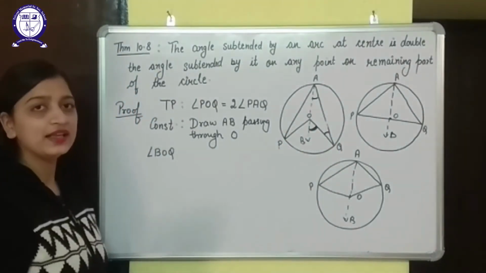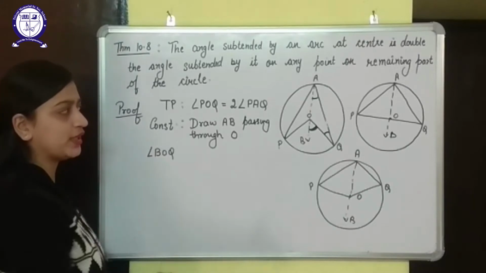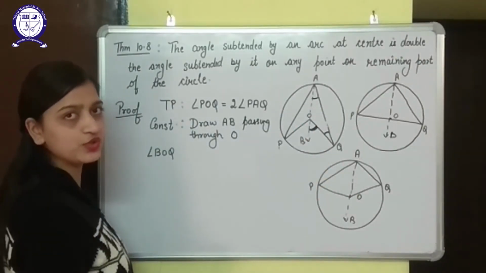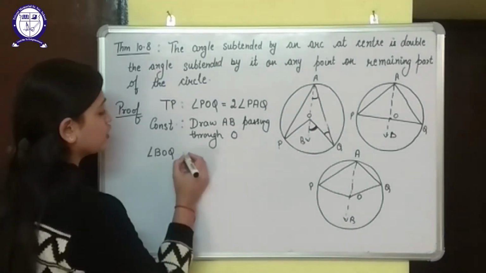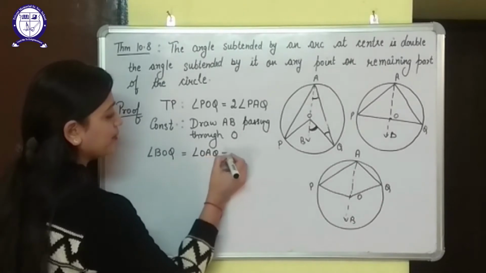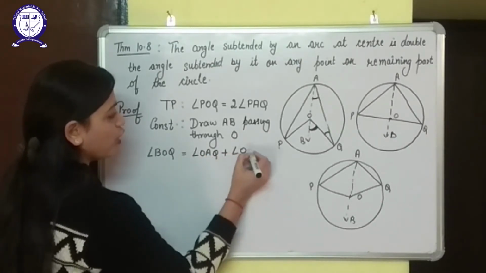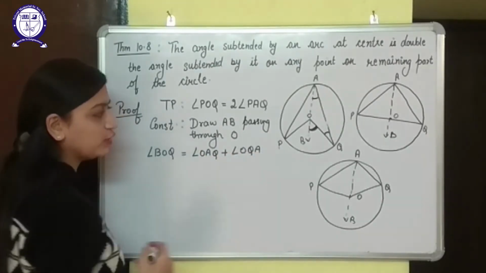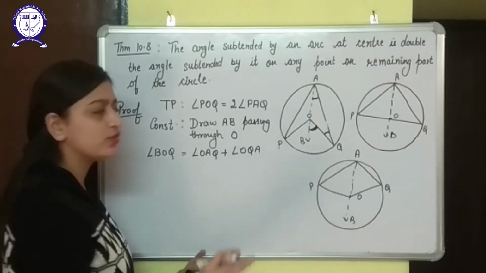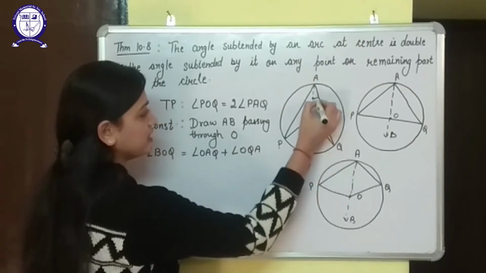You know that by the exterior angle property, the exterior angle is equal to the sum of the opposite two angles. So this is angle OAQ plus angle OQA, and you can also name them as angle 1, 2, 3. So let's do it with 1, 2, 3 to make it easier.